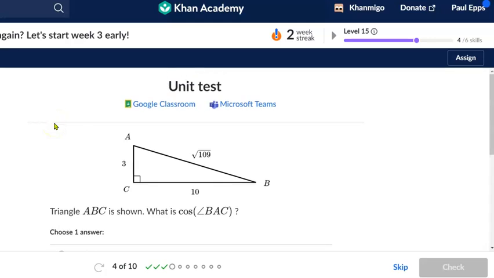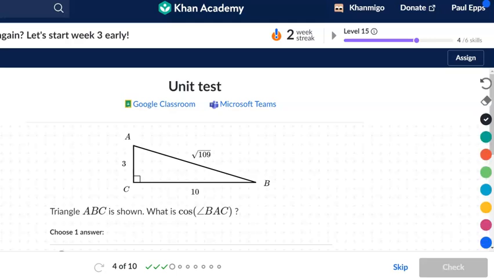Triangle ABC is shown. What is the cosine of angle BAC? Well, that would be the cosine of this angle right here. Cosine is adjacent over hypotenuse.